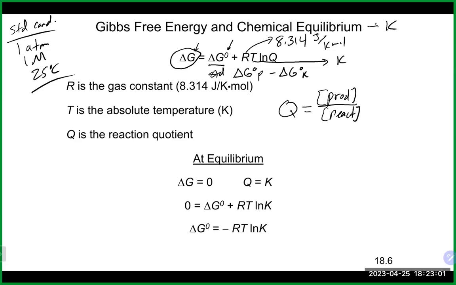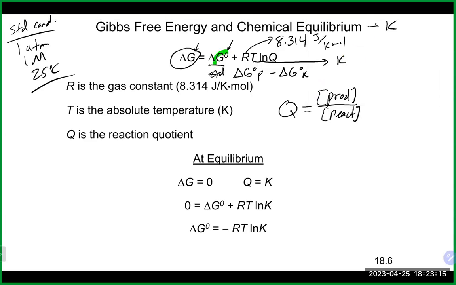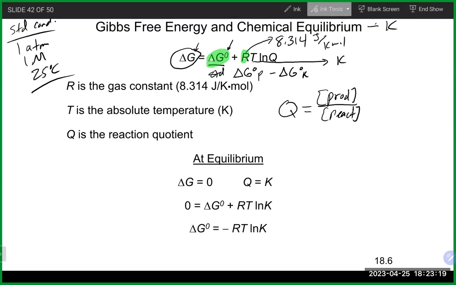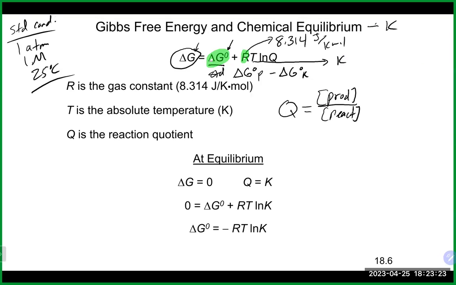Some people like to go to kilojoules in this one because delta G is typically given in kilojoules at the end, which is fine. Or you could go to joules and convert to kilojoules at the end. But you really do want to watch your units between those two guys, your delta G here and your R value here. And the normal, make sure it's in Kelvin as well. It's a good reminder when you do it.